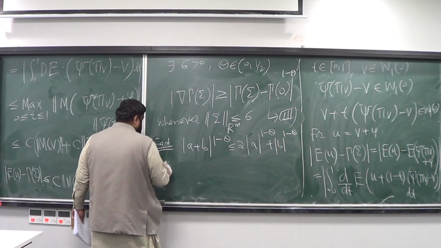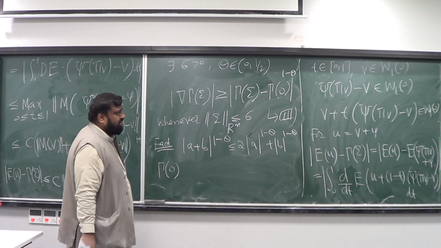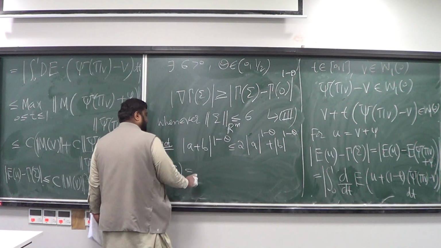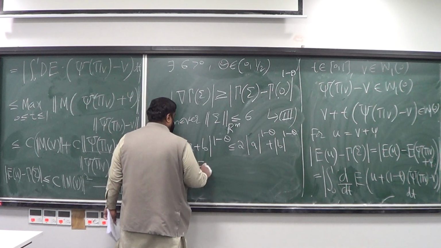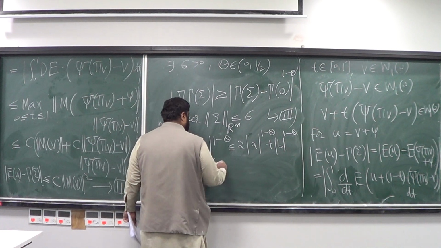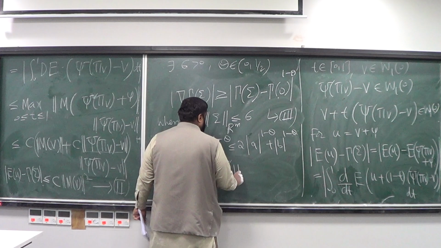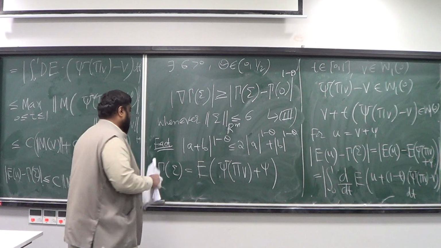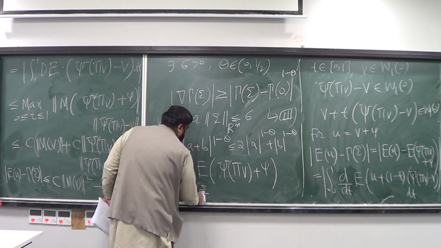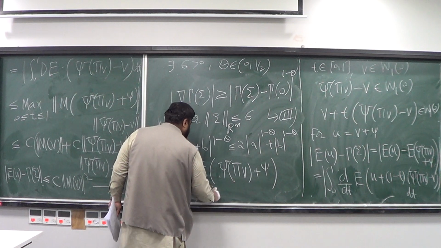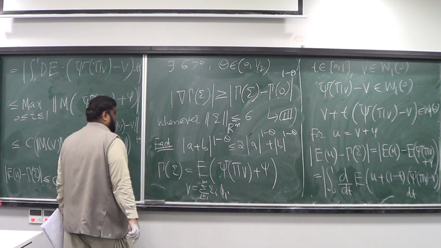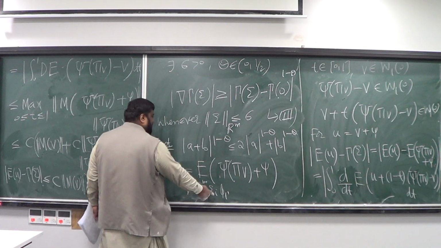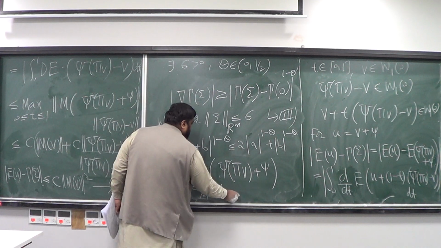What would be the value of Γ of 0? You remember what was the value of Γ of ξ? The Γ of ξ was E of ψ of π v plus ψ, where v is the sum for i equal to 1 to m of ξ_i φ_i. Now if I substitute ξ equal to 0, that means the components ξ_i are 0 and v is 0.